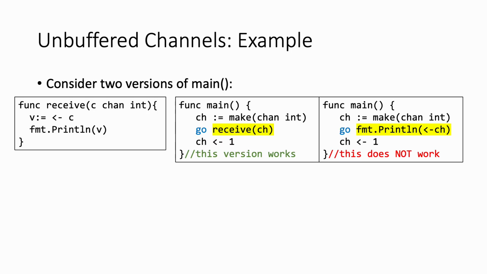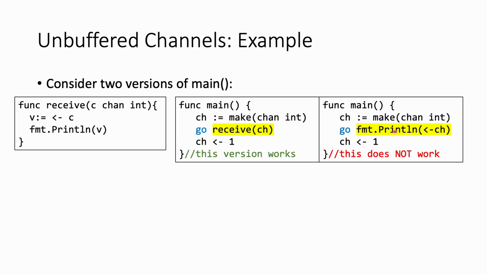Note that the function call receive of CH in this example is equivalent to calling function fmt.Println of arrow CH, because both just make a receive from the channel CH and print out the value.